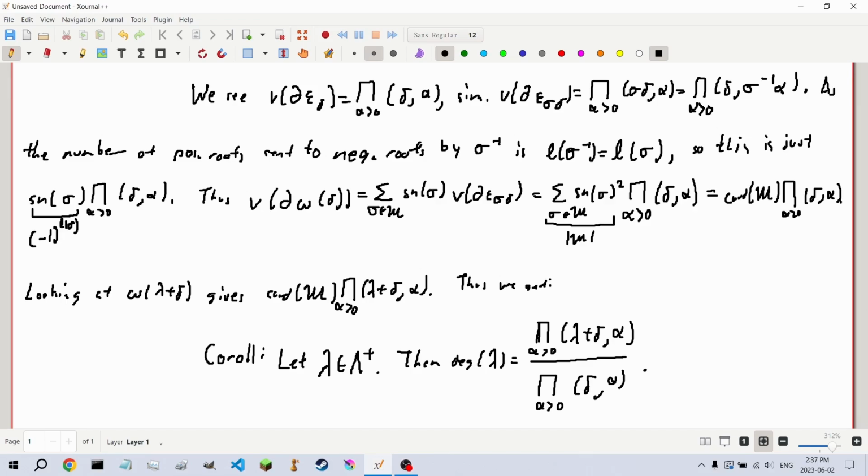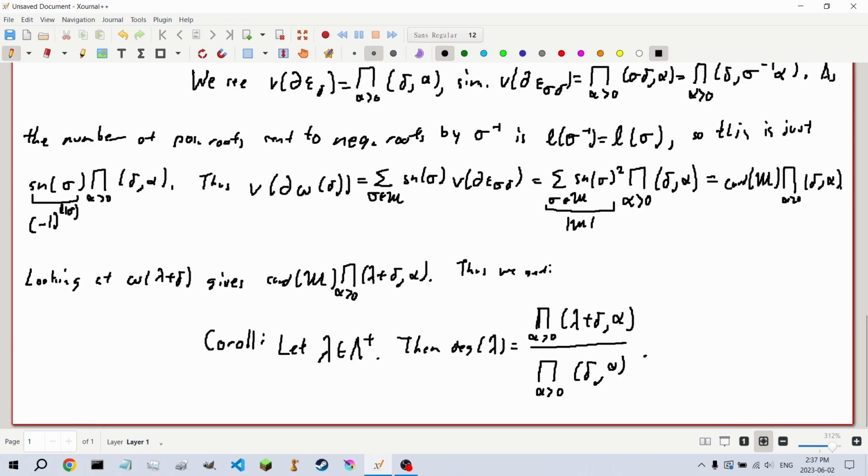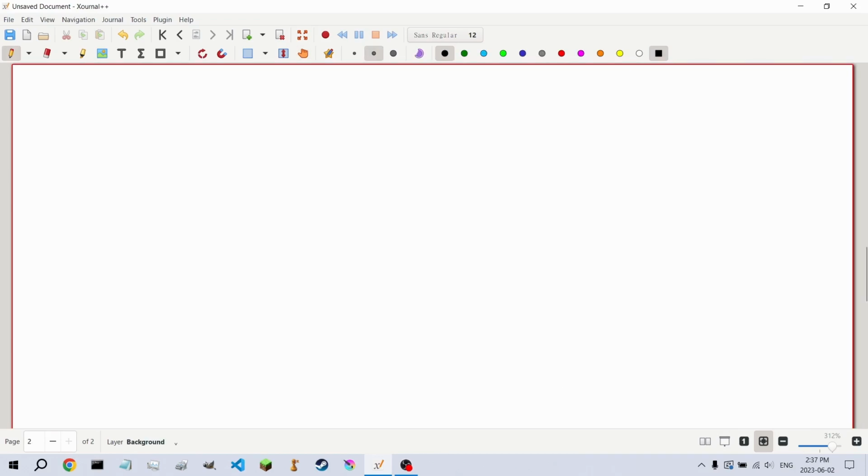Now we want to do an example computation or two with this, but let's do some pre-work first.